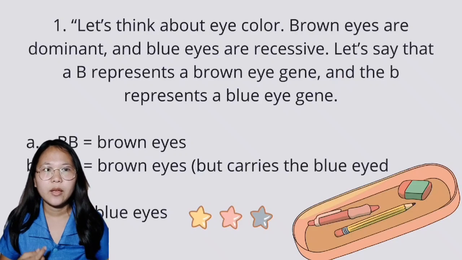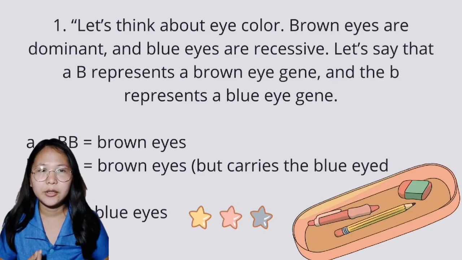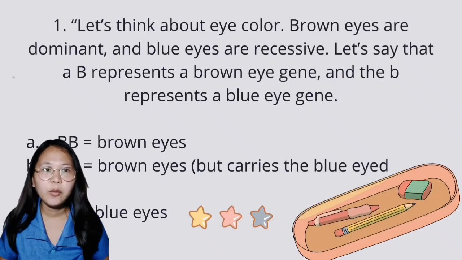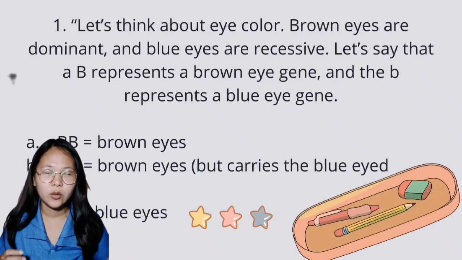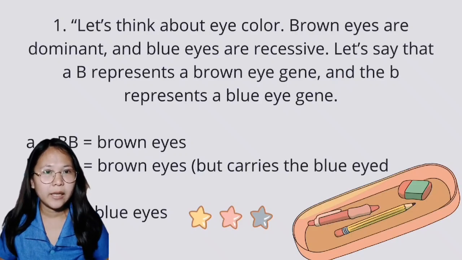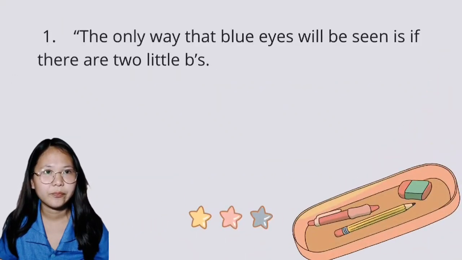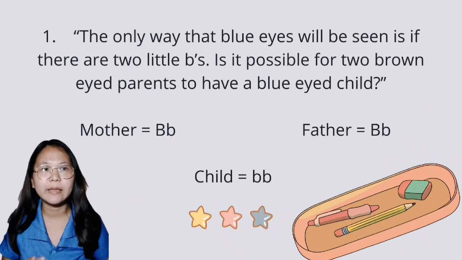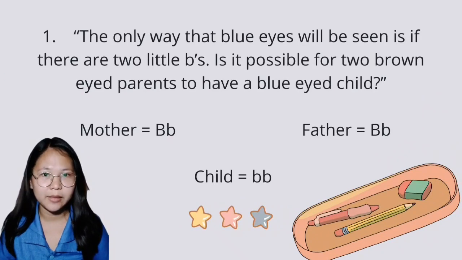So, capital B capital B is equal to brown eyes, and capital B and small b is equal to brown eyes but carries the blue eye gene. Small b small b is blue eyes. The only way that blue eyes will be seen is if there are two small b's.